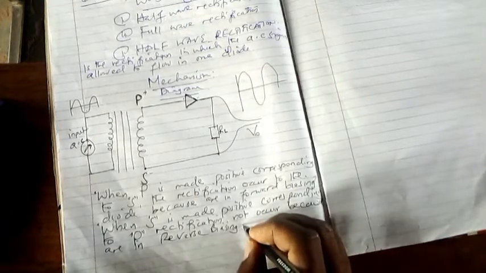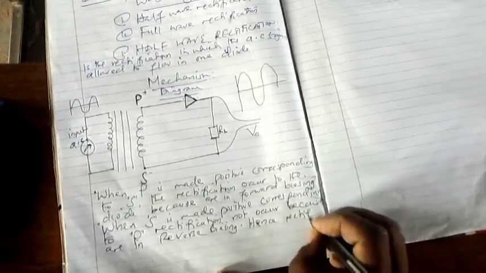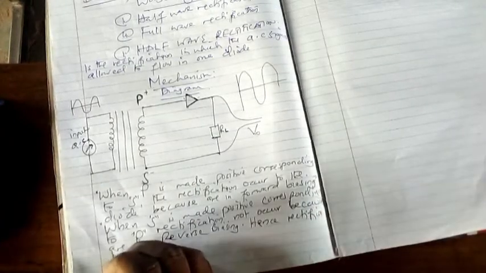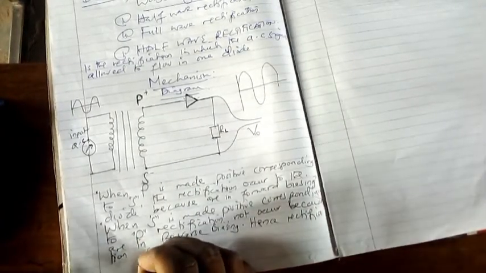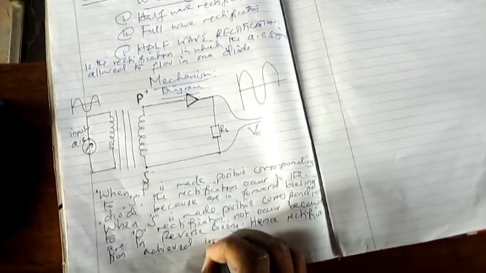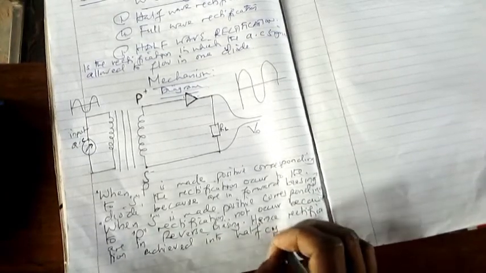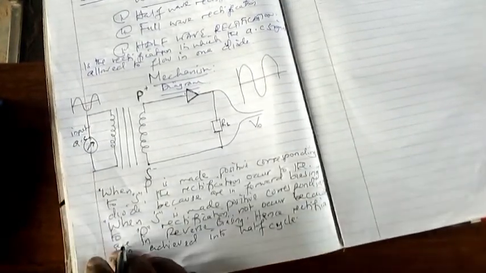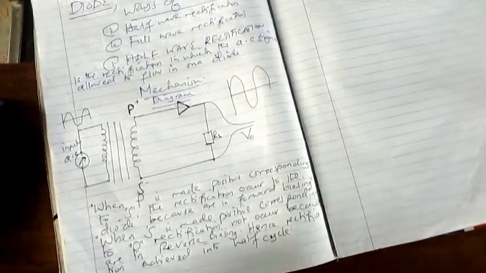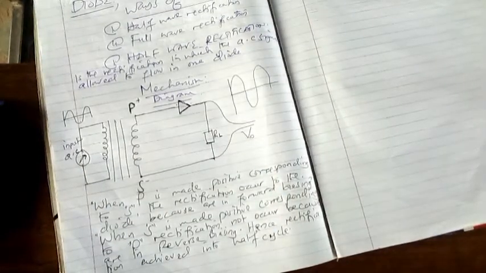Kumbe sasa tuna conclude tunasema kwamba hence rectification achieved in a half cycle. Kumbe sasa inatokea kwenye half cycle, ndio maana sisi tunaita half wave rectification. Hapa tu jamani inatokea hapa tu and not otherwise. That's why you call half wave rectification.